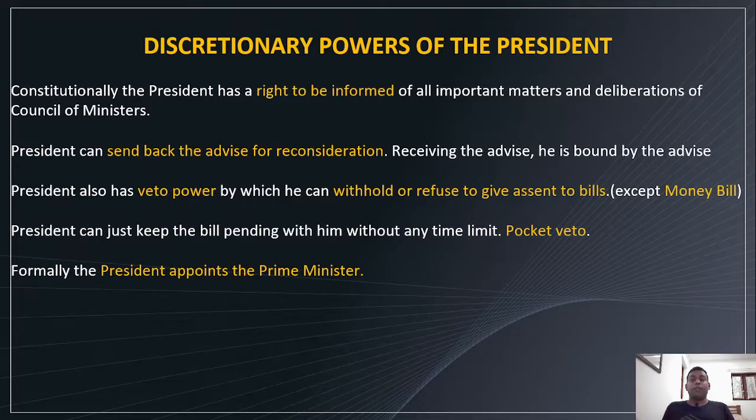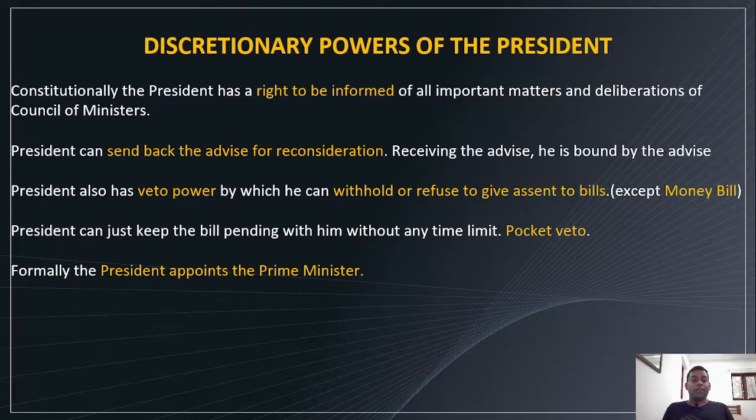If the president thinks it doesn't fit, he can send it back for reconsideration. But if the parliament sends it again or returns it to the president again, what happens? It is binding.